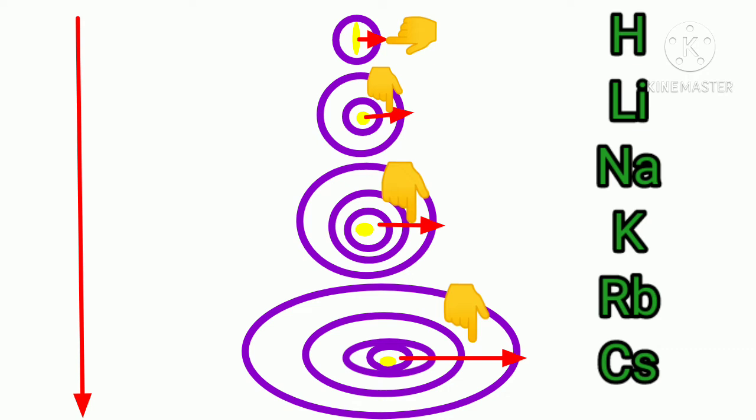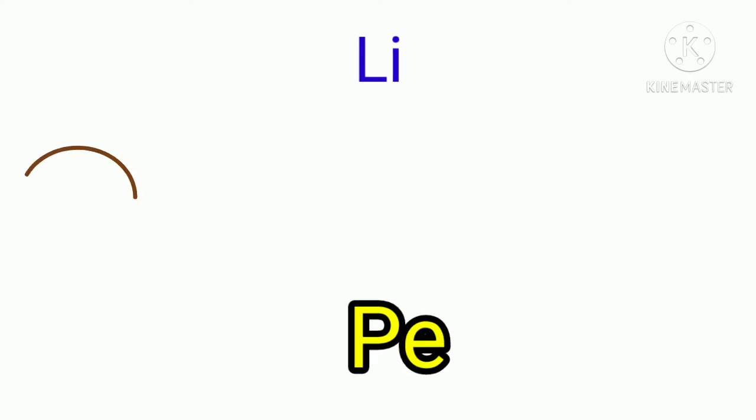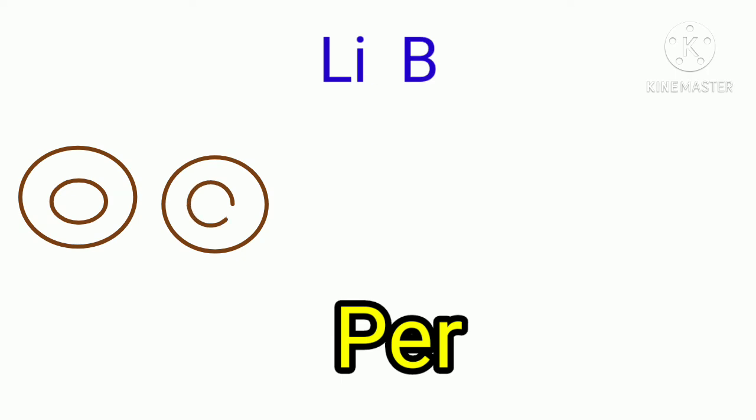Then the same is explained for period wise. Period wise, the atomic number also increases, but there is no increase in the number of shells.